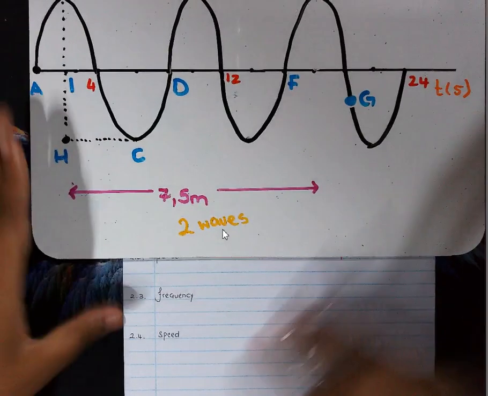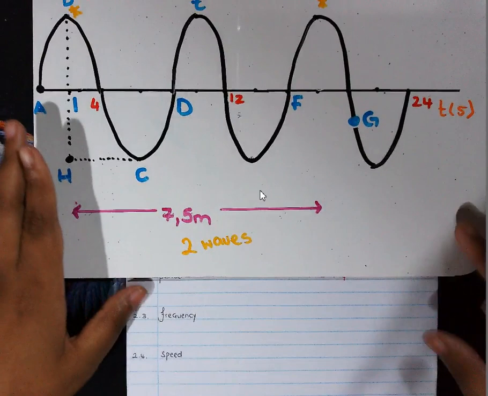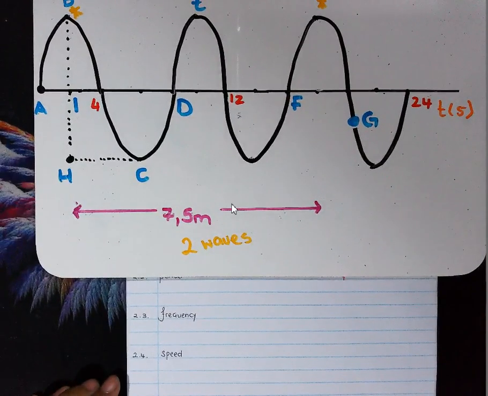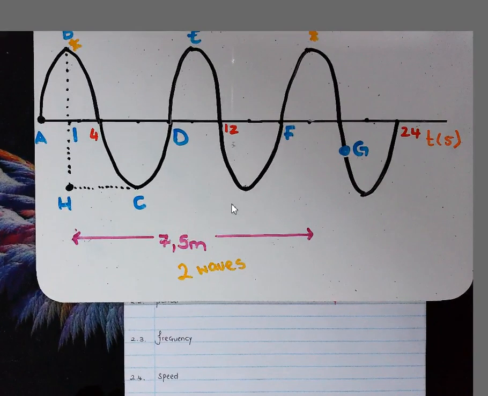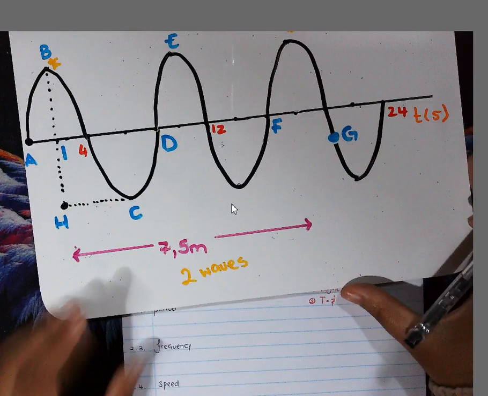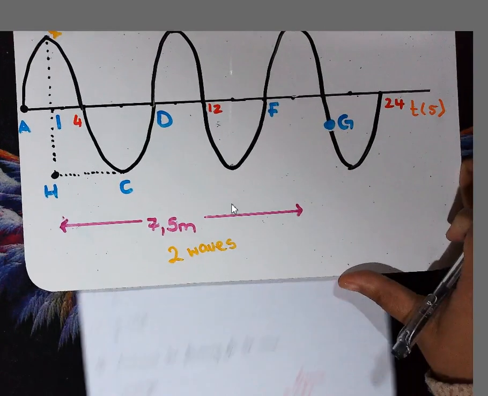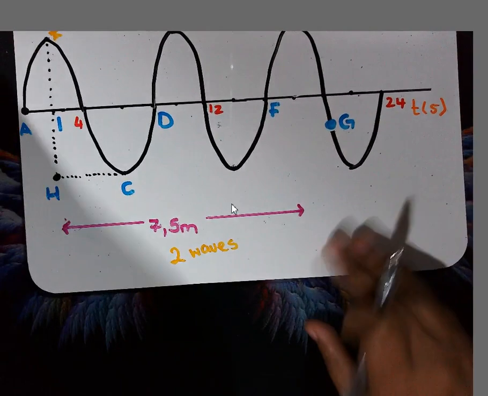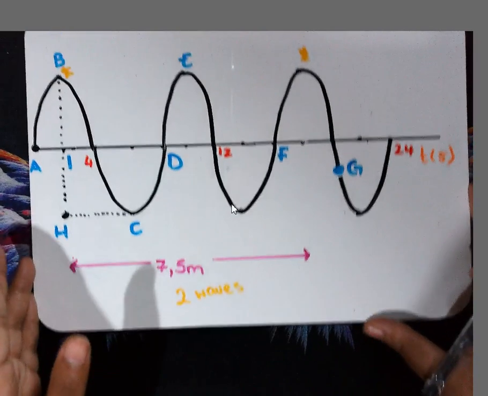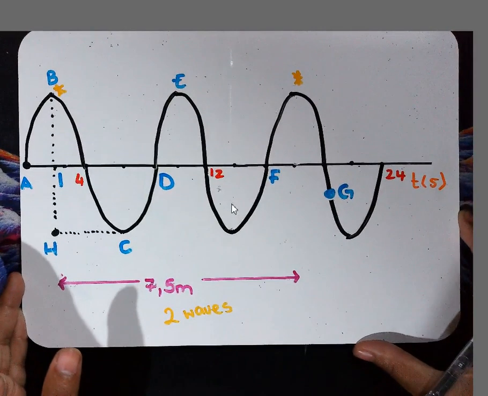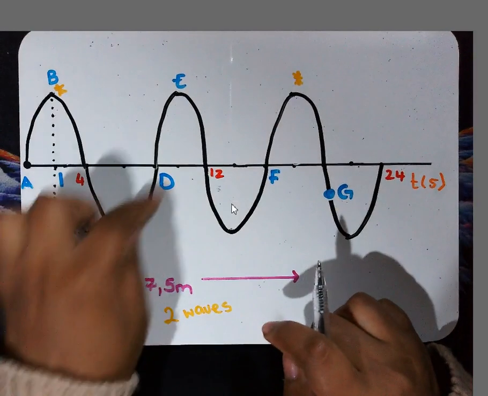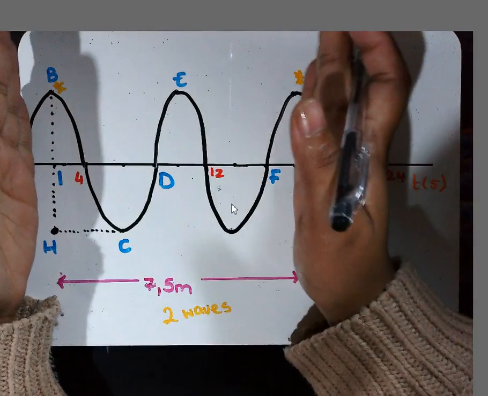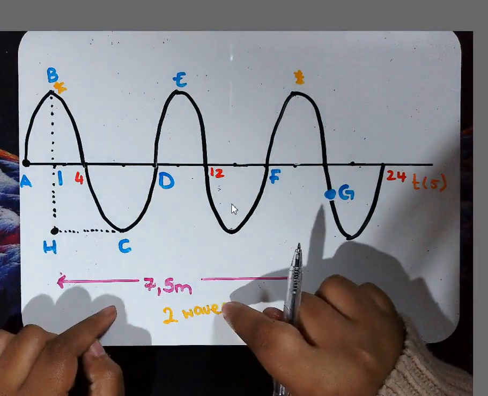Now we get to the calculations. They want to know what the wavelength is. Two waves, so 1, 2, from here to there, are 7.5 meters.